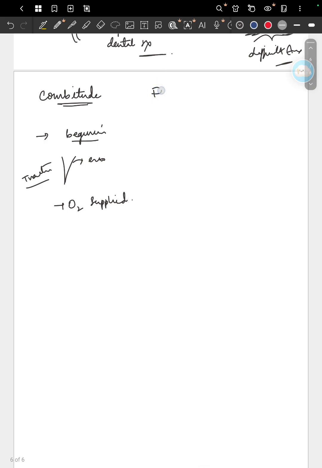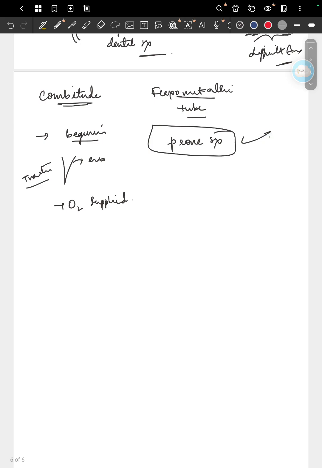Then we have flexometallic tube as well. Flexometallic tube is very flexible, as its name says. It is used in prone surgeries. So this is what you have to remember about this. Then we have double lumen ET tube.